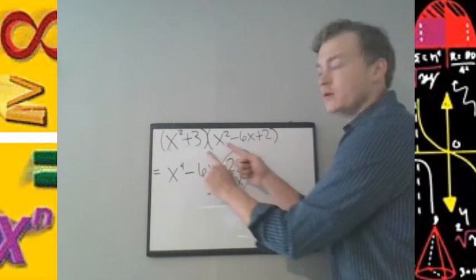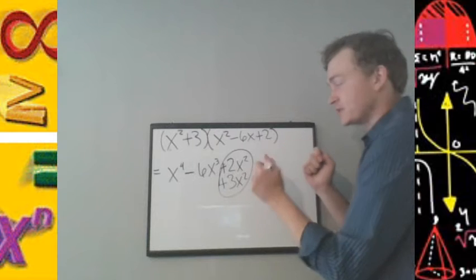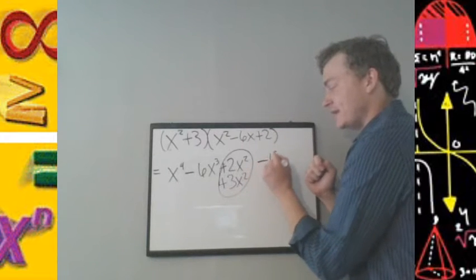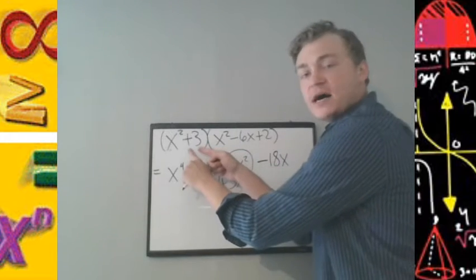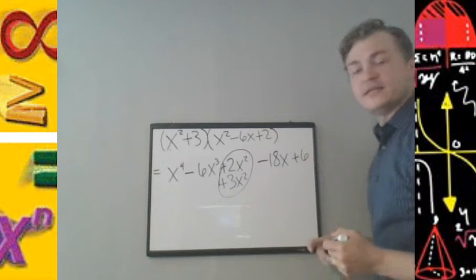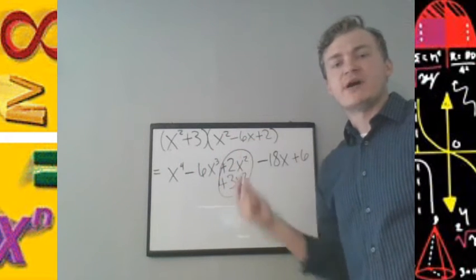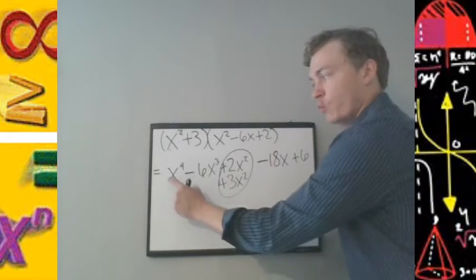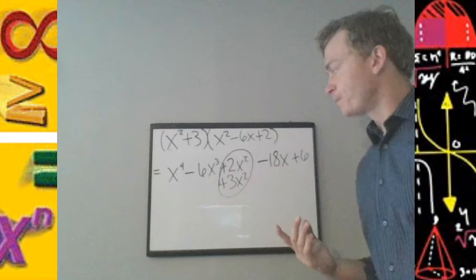A positive 3 times a negative 6x. Positive 3 times negative 6 is negative 18 times x. Positive 3 times a positive 2 is a positive 6. Well, notice here that with this binomial multiply this trinomial, I do get 1, 2, 3, 4, 5, 6 terms as we predicted.